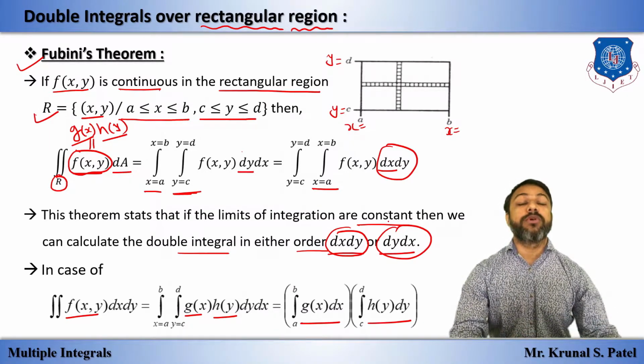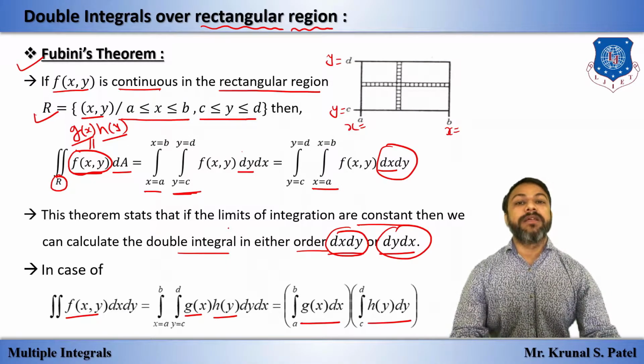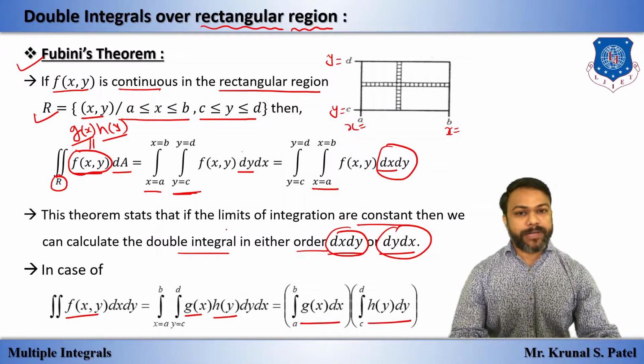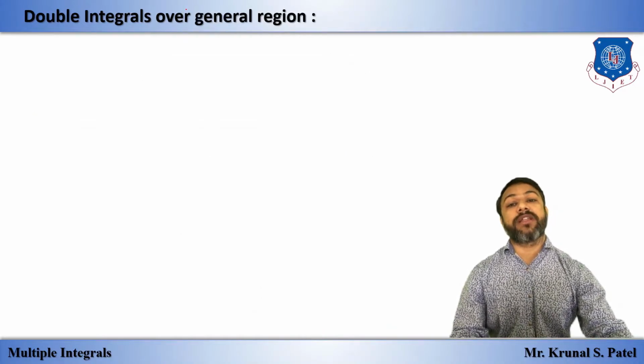For that you have to understand a special topic, change of order, that we will learn after all the basics are completed. Now we have double integration over a general region.